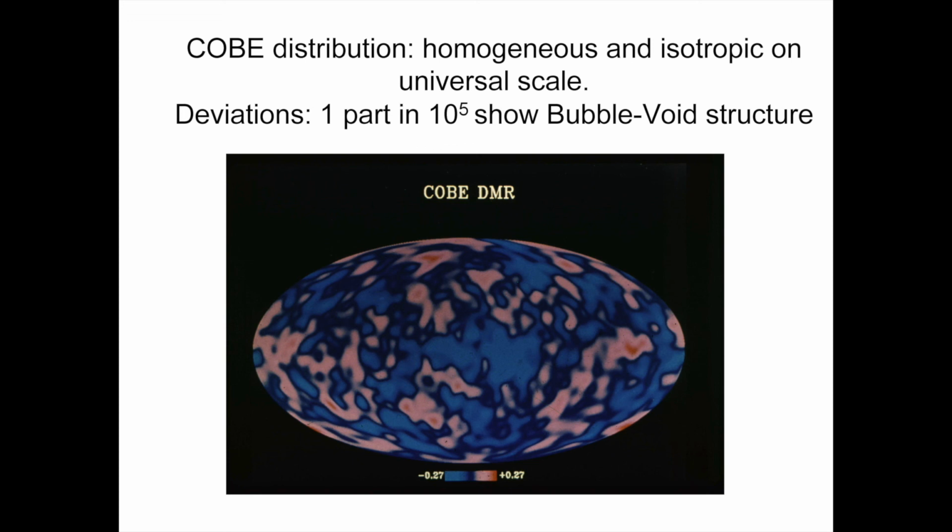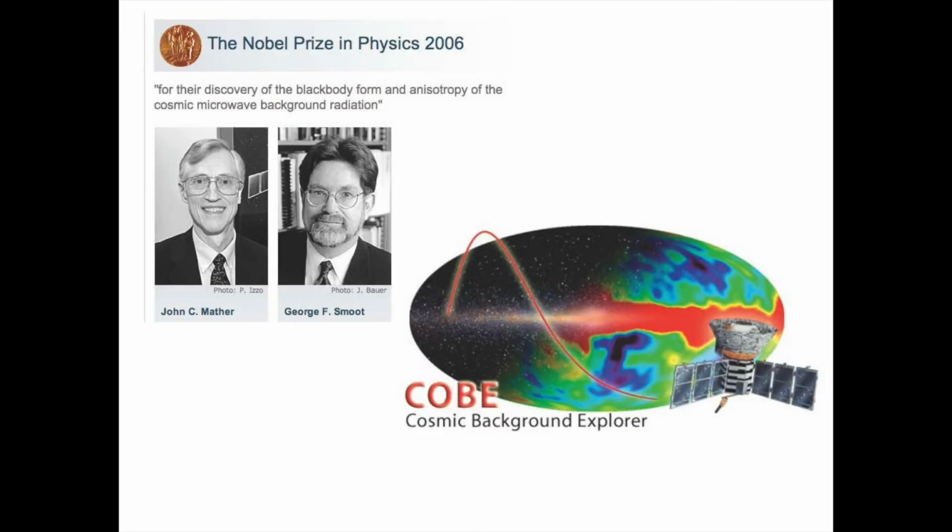And we trace out the scale over which we now see the bubble void structure when we look at galaxies. Slide 20 shows John Mather and George Smoot, who won the Nobel Prize in physics in 2006 for their discovery of the blackbody radiation using the Cosmic Background Explorer.